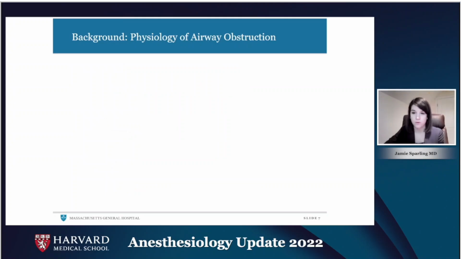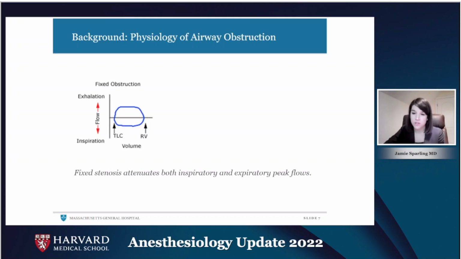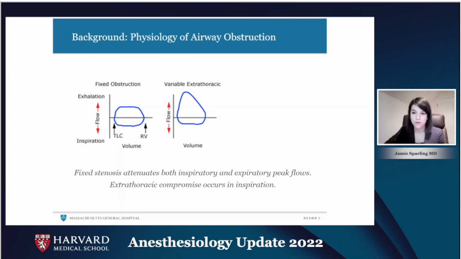Traditionally, flow volume loops have been used to diagnose and characterize airway obstruction, such as tracheal stenosis. The classical teaching is that fixed stenosis, which is the more common case, attenuates both inspiratory and expiratory peak flows, as shown in this figure. Dynamic collapse, however, occurs in different phases depending on the location of the lesion.